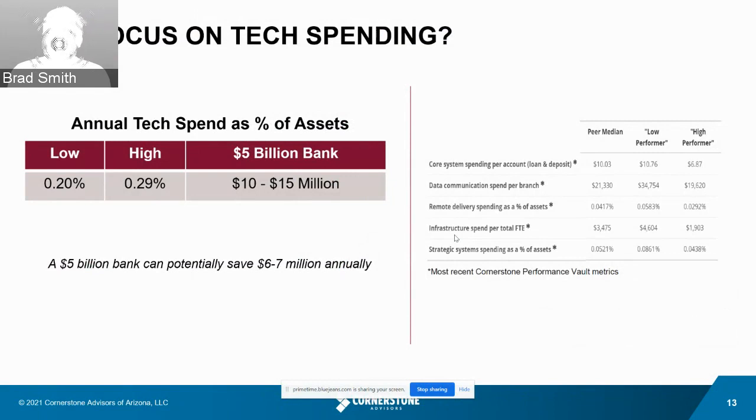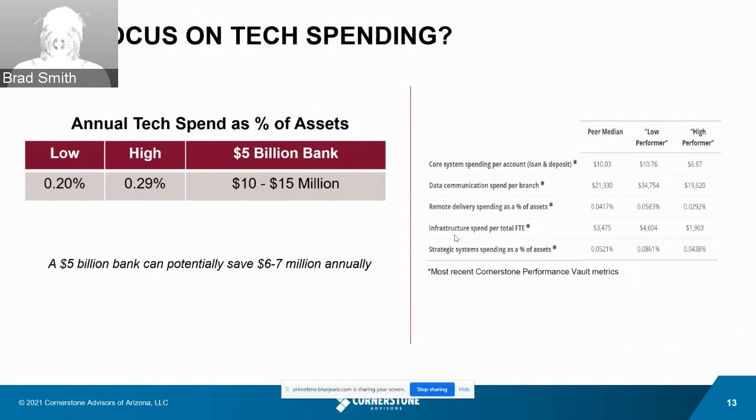But I did want to also provide some line items because tech spend's a pretty broad category, obviously. We look at tech spend across a couple different line items here. We look at core spend, datacom spend, remote delivery, which of course now includes digital, infrastructure, and strategic. Strategic would be CRM, analytics, loan origination systems, sales systems, more strategic, discretionary type spend.